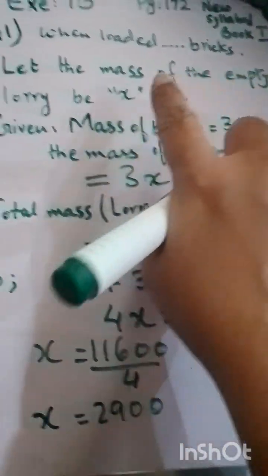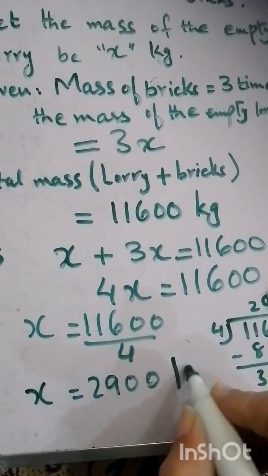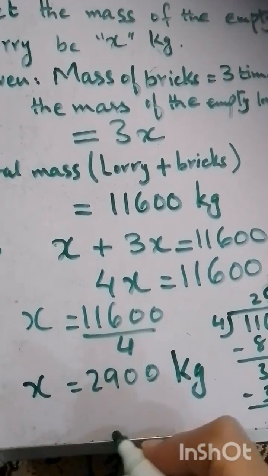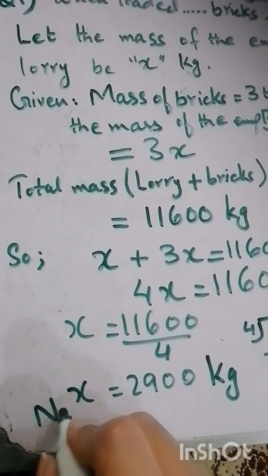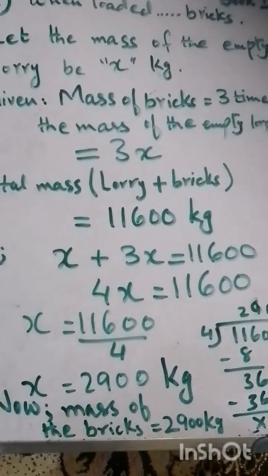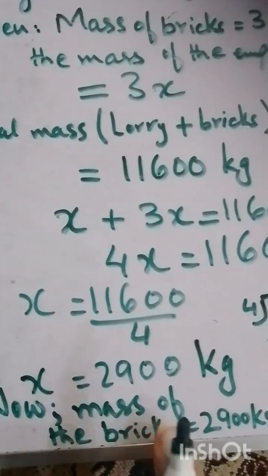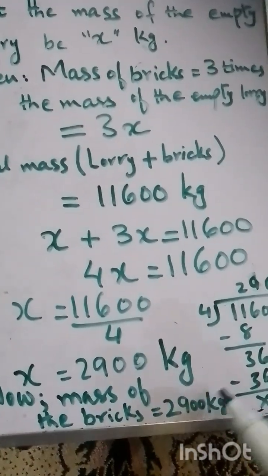So now we have to multiply it. So x is 2,900 kg. Now we multiply it by 3 in order to get the mass of bricks.